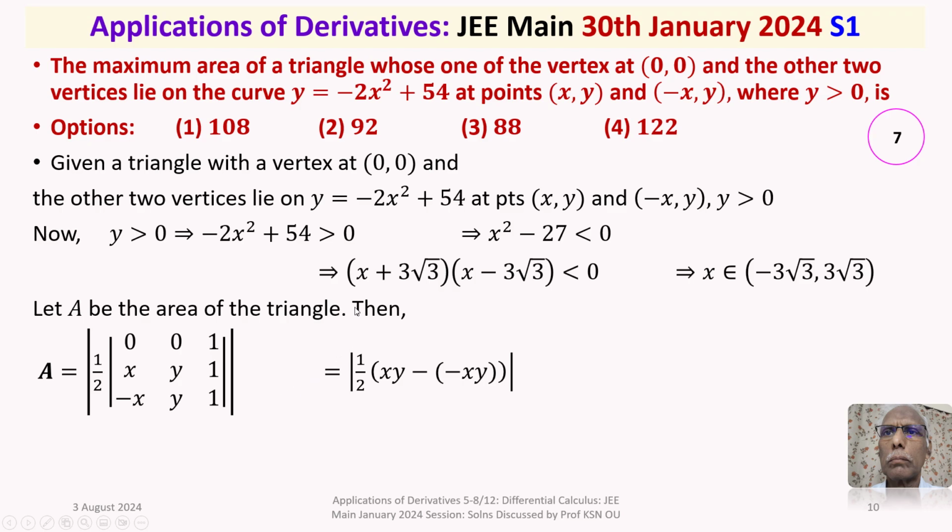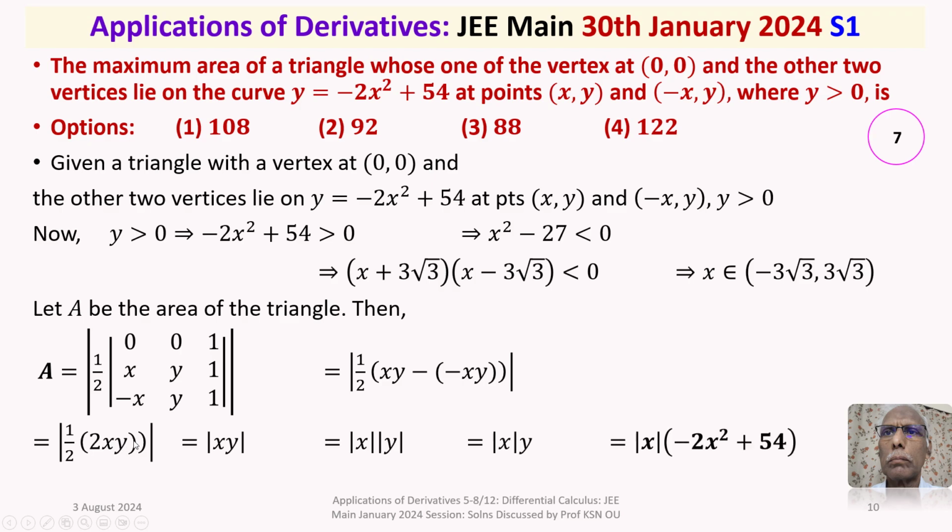That will be equal to modulus 1/2 into, now expand this determinant by its first row. Then you will get 1 times (xy minus of minus xy). Right. That is mod of 1/2 times 2xy, 2 cancels, mod xy.